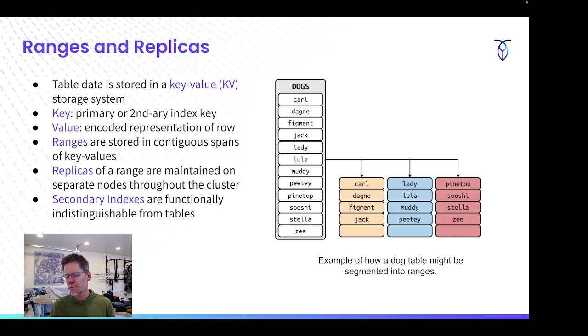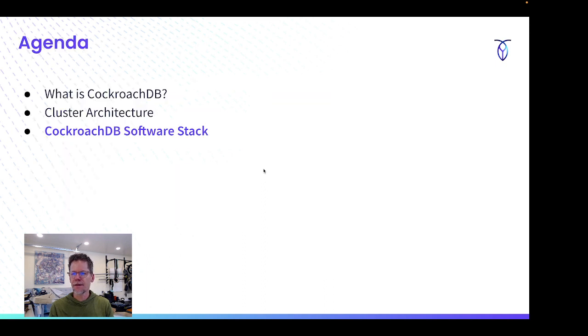Like if we insert a row between Carl and Dagny, then we would look that up and find a spot for it. And again, if these ranges get too big, then we would split them. If we delete a lot of data and it gets small, we would merge them back together. So those are just a few of the high-level concepts to understand before we start really digging into the details of the software stack, which we'll be doing in the next session.